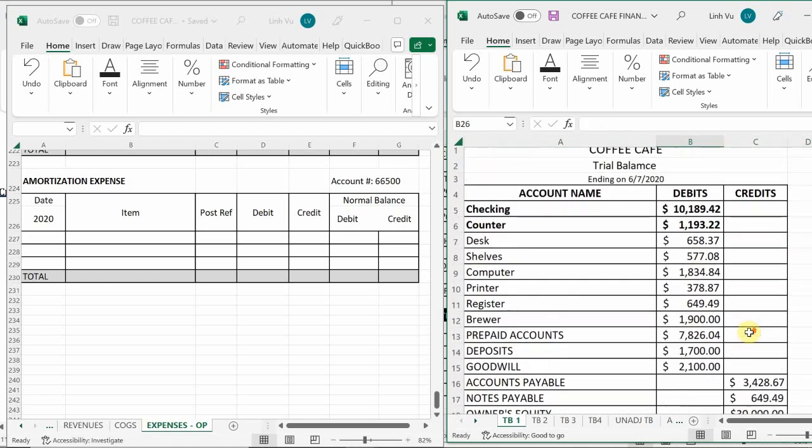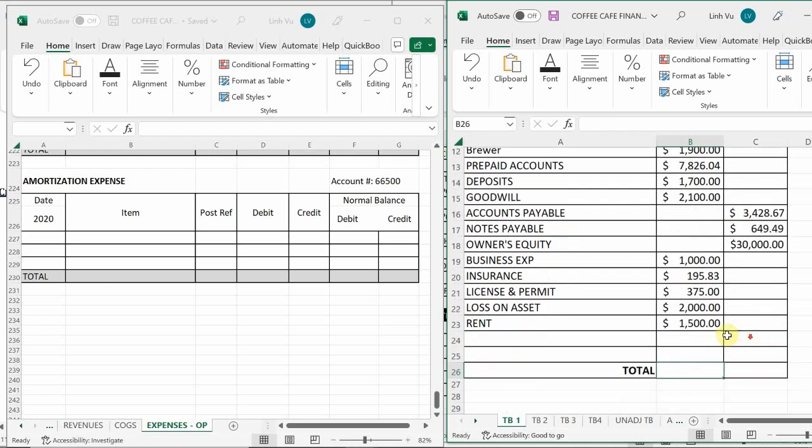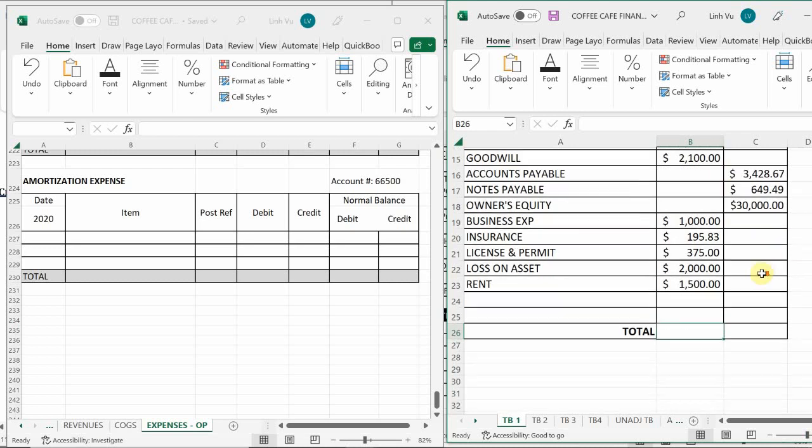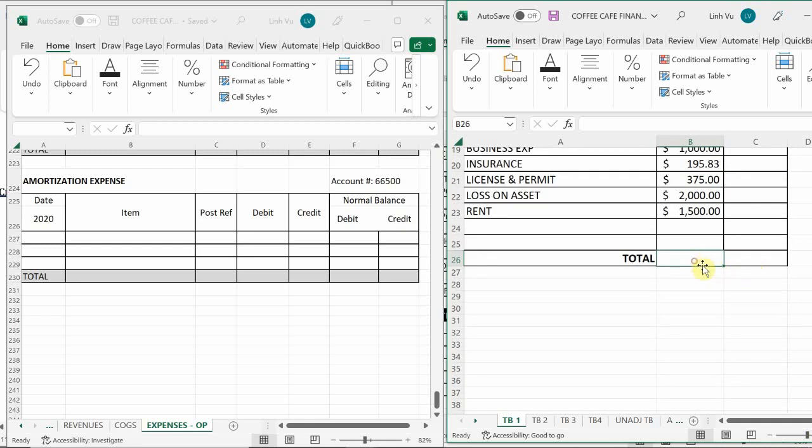But now that I've got everything in here, I need to do my equal sum formula to tally up my total debits as well as my total credits, and then I can run my formula to check whether my statement is true or not.